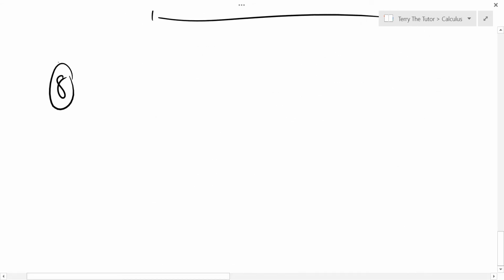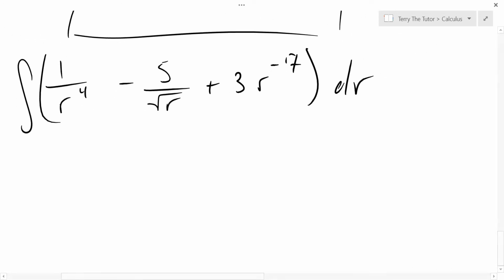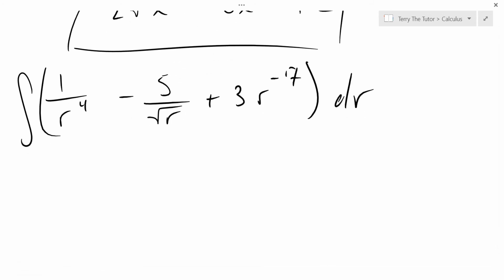Number 8. We've got the integral of 1 over r to the 4th minus 5 over the square root of r plus 3 r to the negative 7 dr. We're going to use the same technique we used last time to break up the integral.